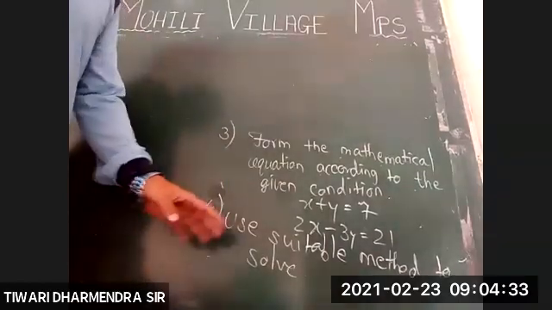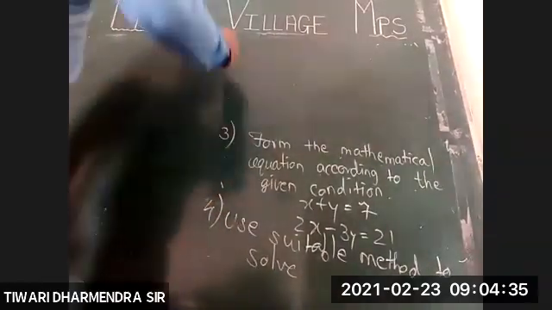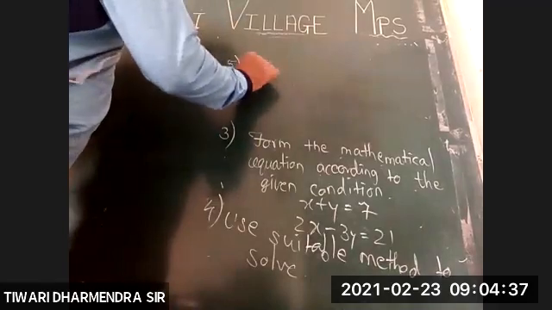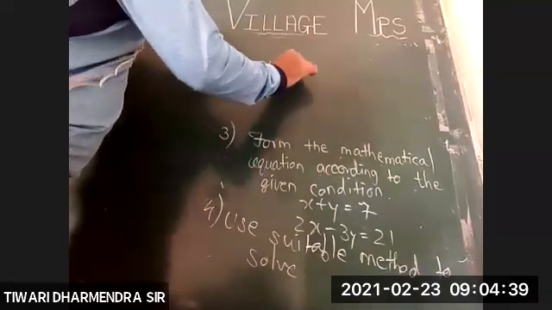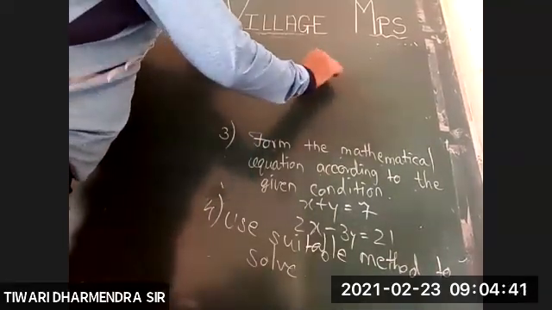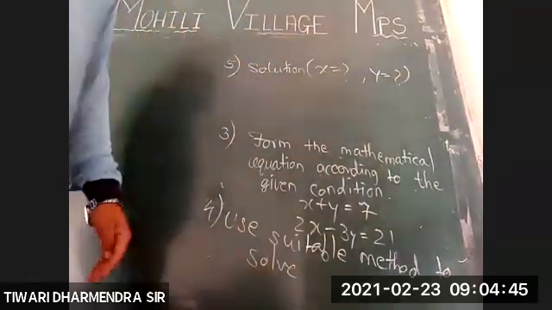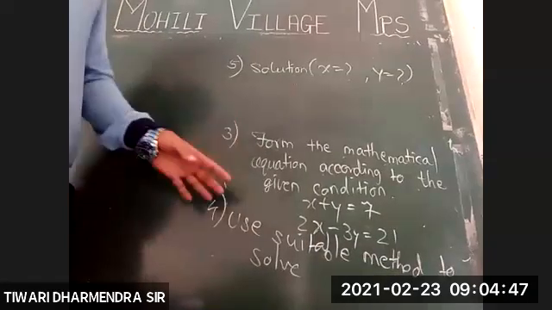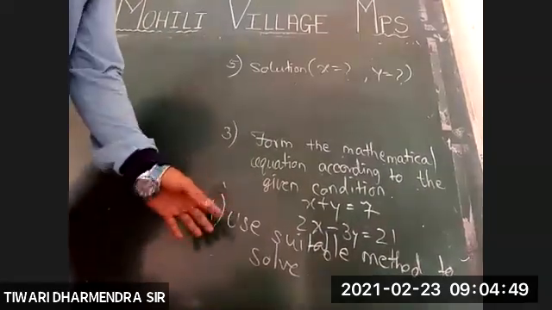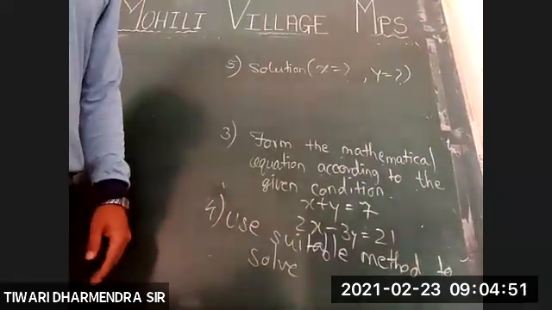So once we have solved it, after solving, what we get? We get the solution, means the value of x and the value of y. We find it by using the substitution or elimination method, you can say.